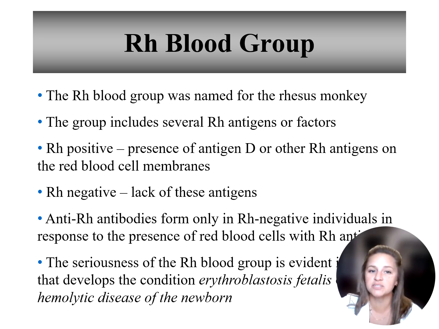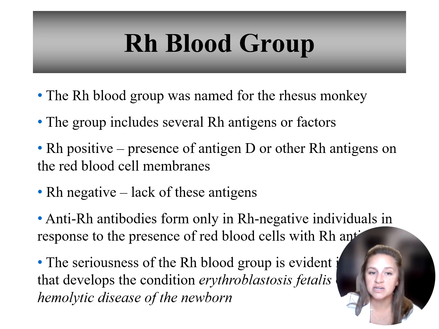If you are Rh positive, that means you have the antigen. This is antigen D or other Rh antigens on the cell membrane. So if you are Rh positive, then whatever other antigens you have, A, B, O, you would be that and positive. If you don't have those antigens, then you would be Rh negative.